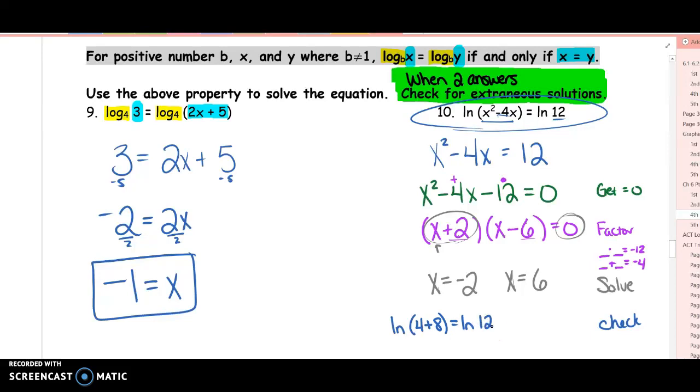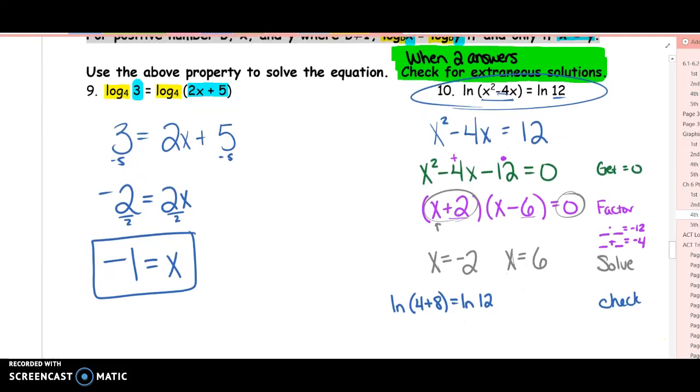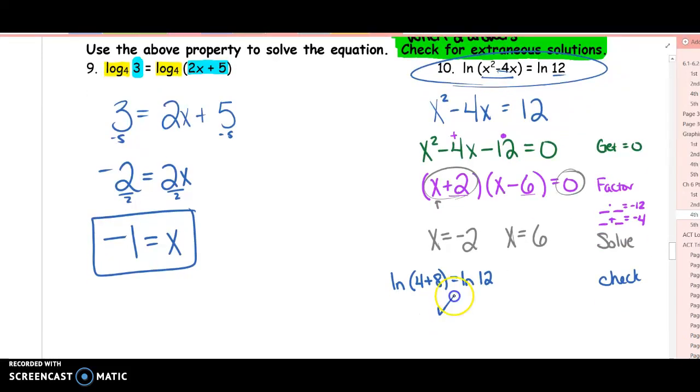Does that equation look like it would work? ln of 4 plus 8 equals ln of 12? Yes, that works. So that is a solution. Now let's try 6. ln of 6 squared is 36, minus 4 times 6, that's minus 24. Does 36 minus 24 equal 12? Why, yes, it does. So both of these solutions actually work.